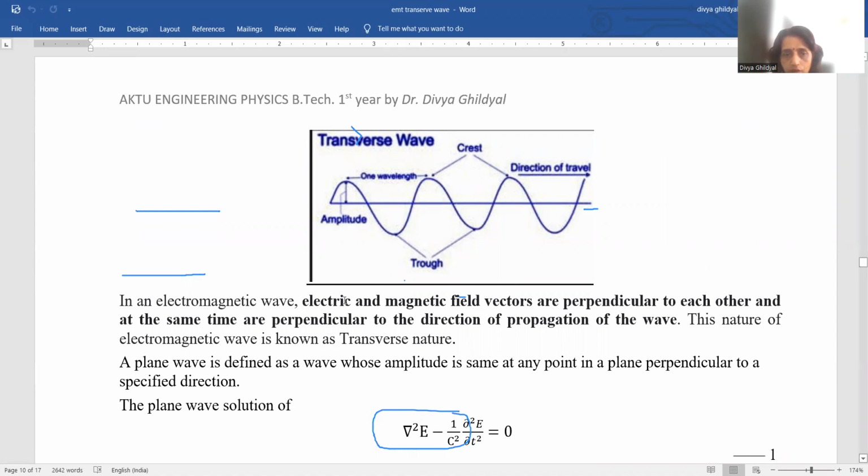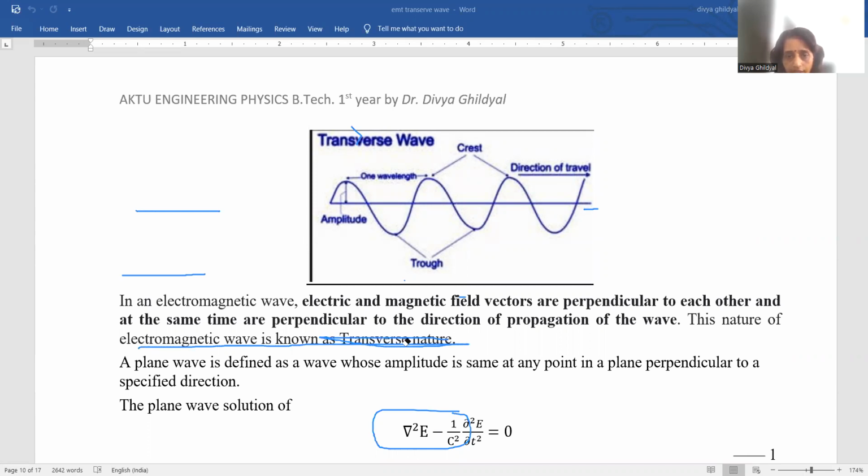So in an electromagnetic wave, the electric and magnetic fields are perpendicular to each other and at the same time perpendicular to the direction of propagation of the wave. This nature of electromagnetic wave is known as transverse nature.